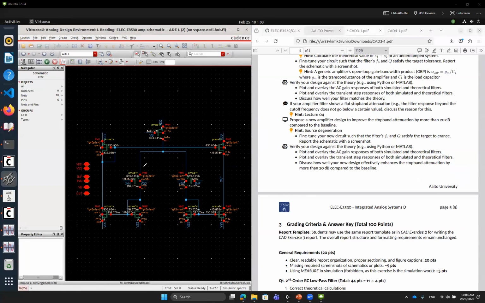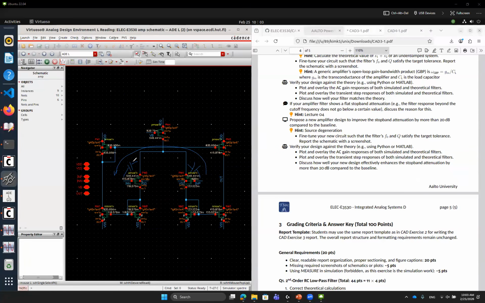as I introduced in the CAD exercise 2 live demo, that there was a parasitic cap CGS that makes V input to be short-circuited to V in. That was the problem.